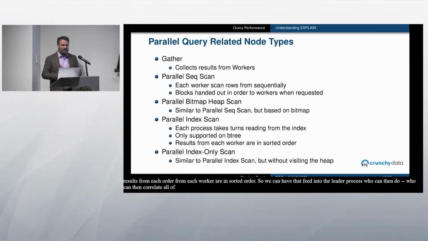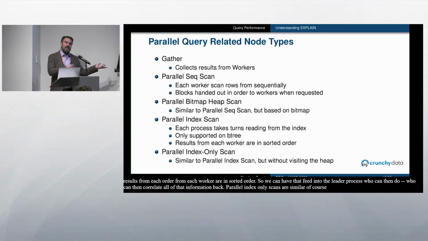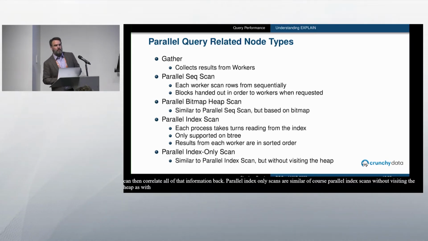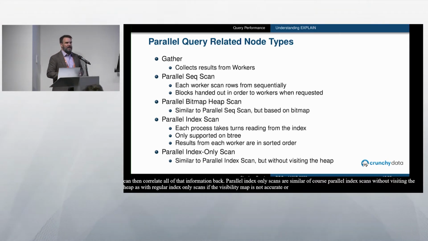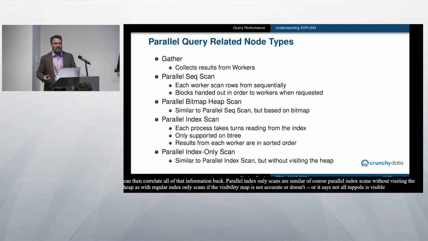Parallel index only scans are similar, of course, to parallel index scans, but ideally without visiting the heap. Now, as with regular index only scans, if the visibility map says that not all tuples on that page are visible to all running transactions, then we will still have to go visit the heap, of course.